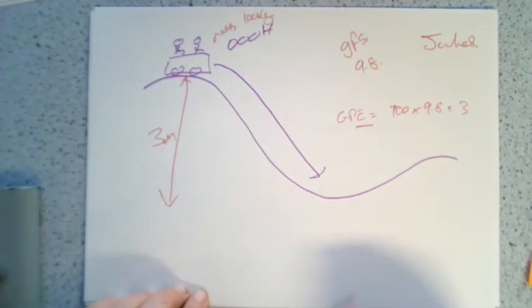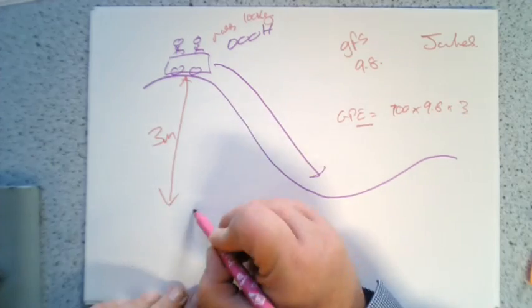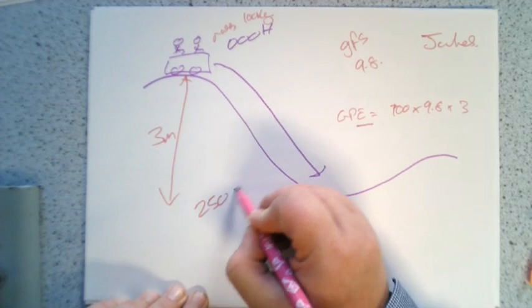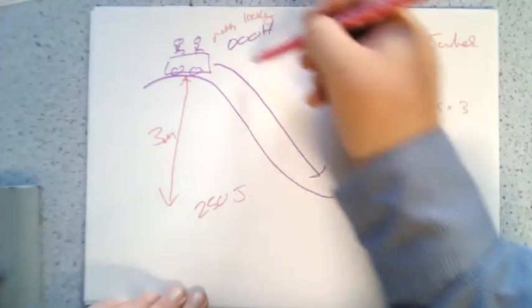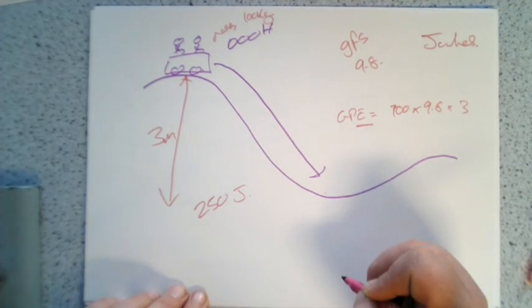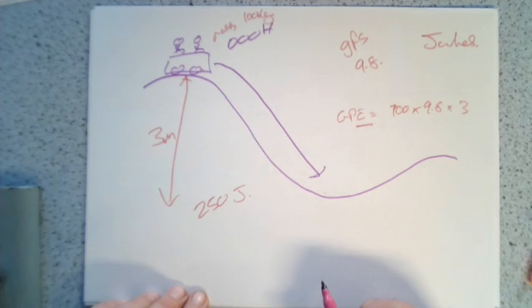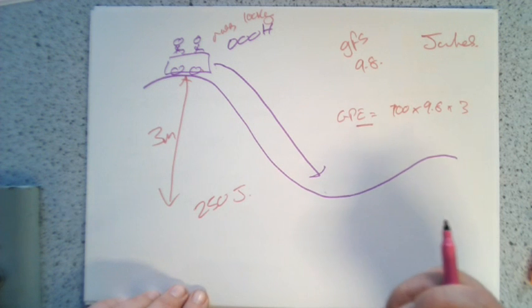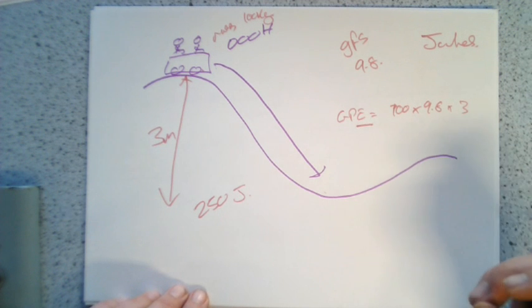Now, the sneaky question I could ask you is, if they've got, let's say, 250 joules of energy when they're here, as they come down the hill, what would be the kinetic energy that they would have when they reach the bottom? This is where we've got to remember the rule that energy cannot be created or destroyed. It can only be transferred from one form into another.